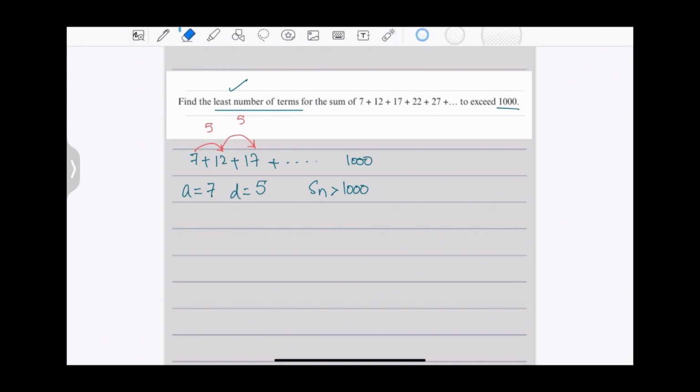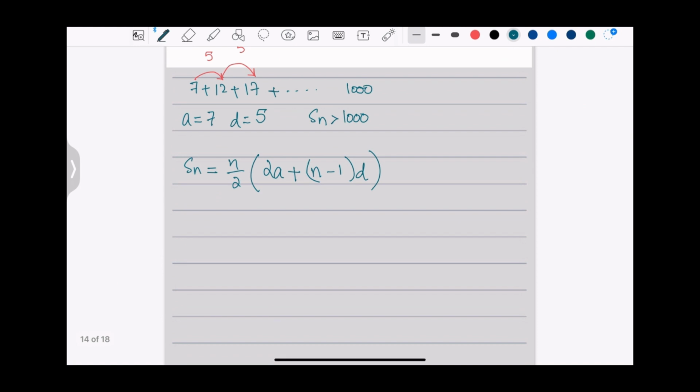Now I can write Sn is equal to n over 2 times 2a plus n minus 1 times d, and Sn has to be greater than 1000.